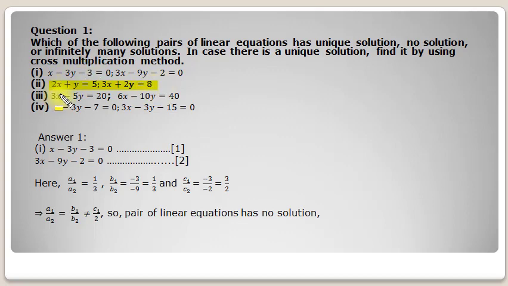Here it was given to us that 2x plus y is equal to 5, 3x plus 2y equals 8. Okay, we will take this 5 and 8 to the LHS. So what will we get? 2x plus y minus 5 equals 0 and 3x plus 2y minus 8 equals 0. This only we have done in the second part of this question.